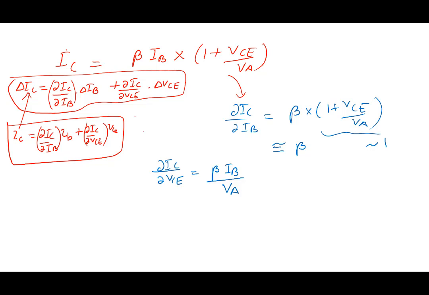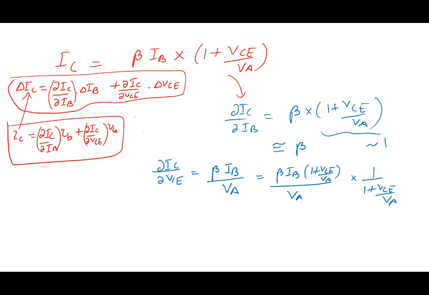We can write this as beta IB times 1 plus VCE by VA, divided by VA, into 1 over 1 plus VCE by VA.